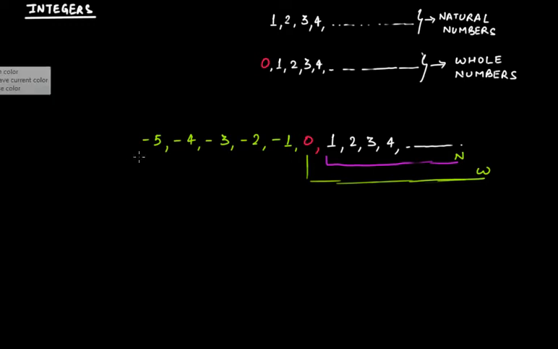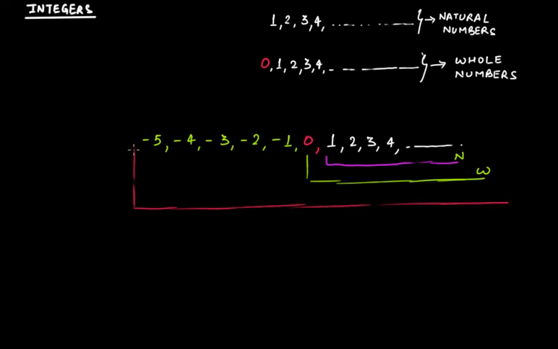And if we introduce negative numbers to these two sets, if we introduce negative numbers to whole numbers, then it makes it what? Integers. This was whole numbers, and this was natural numbers.